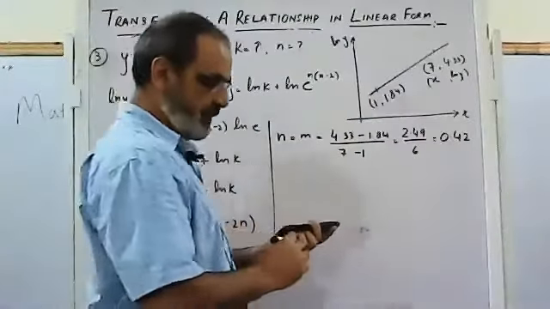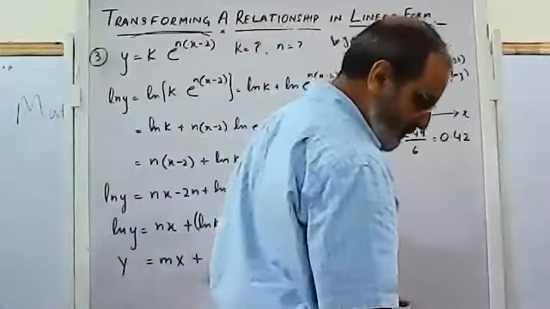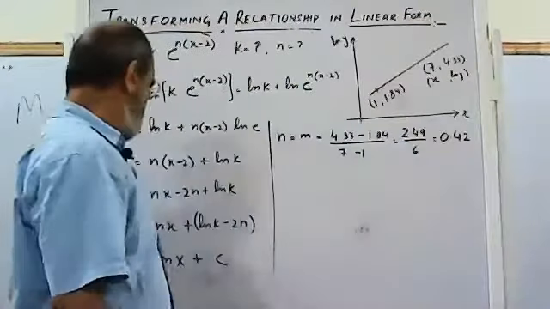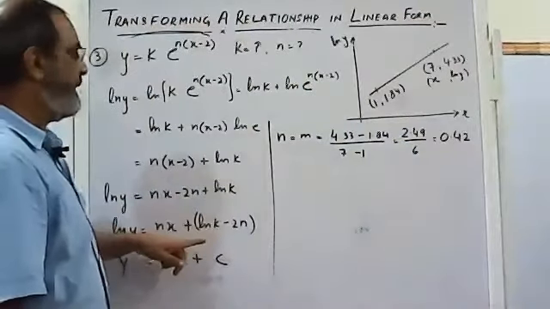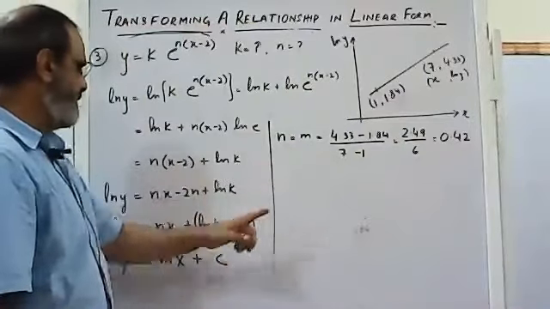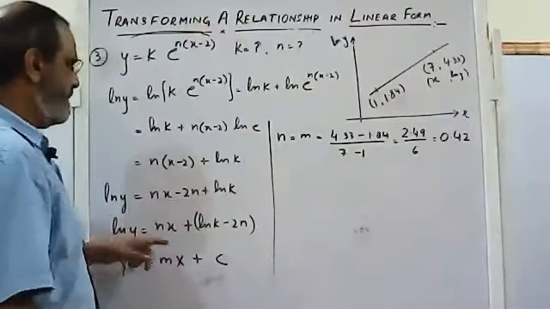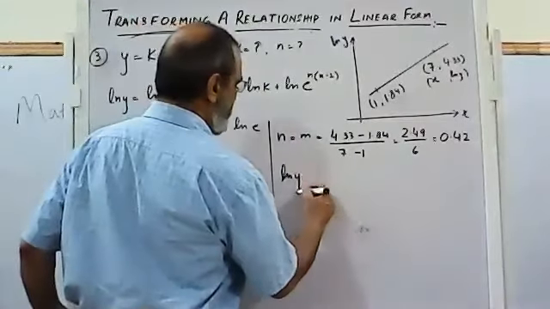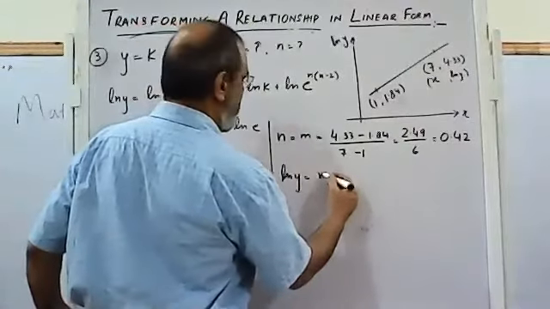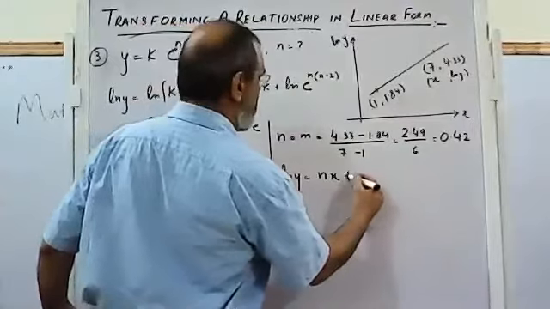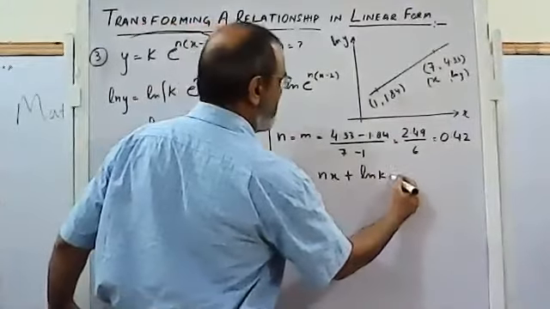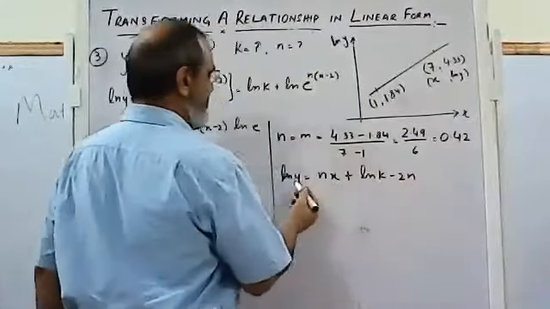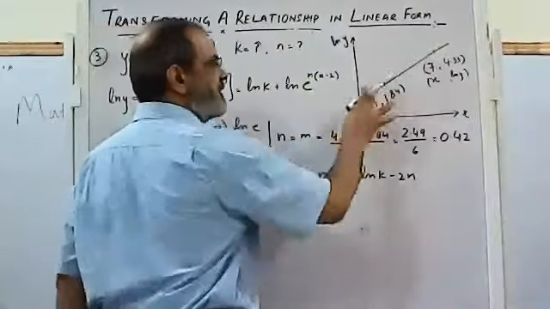Now to find the value of k, I'm going to use this equation: ln of y is equal to nx plus ln of k minus 2n. For ln of y, I'm going to pick any one of these 2 points.